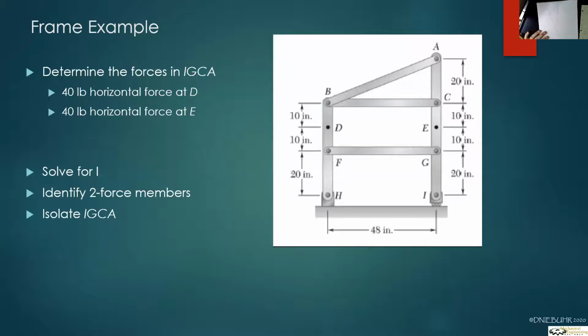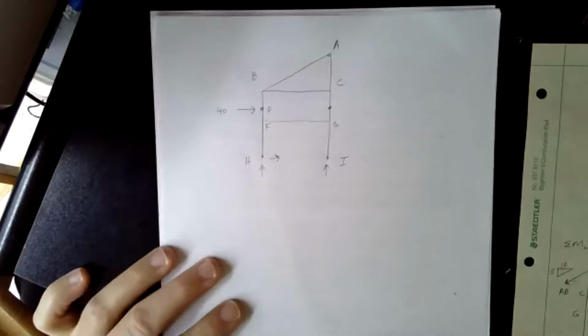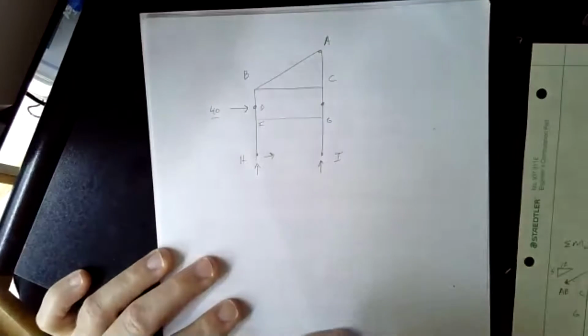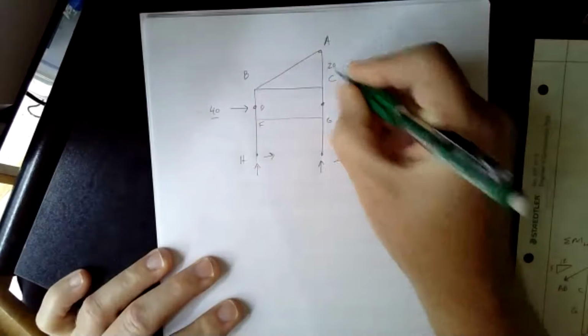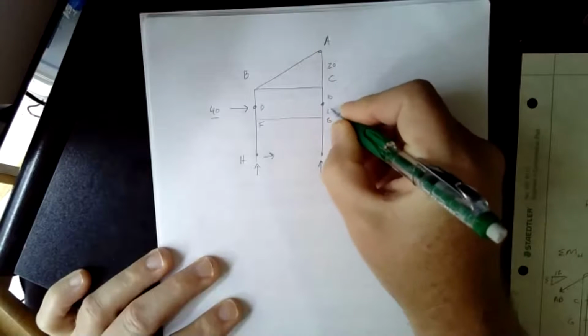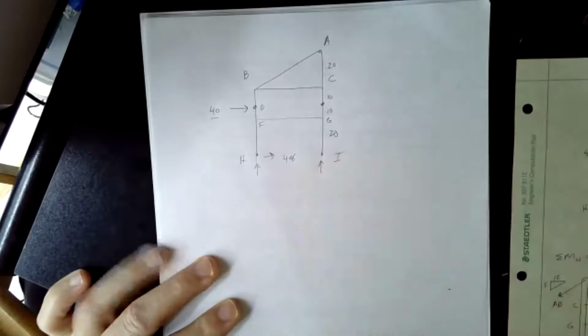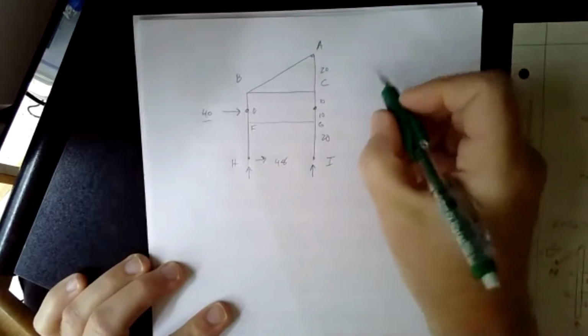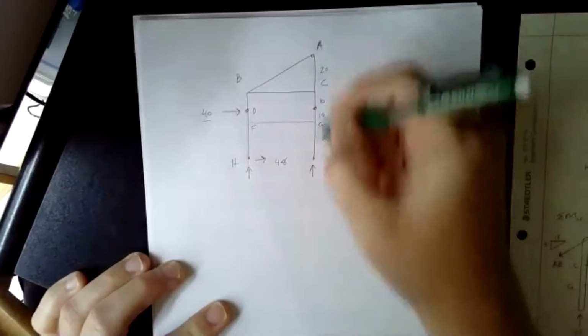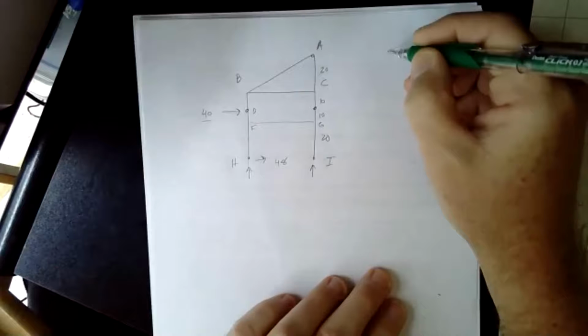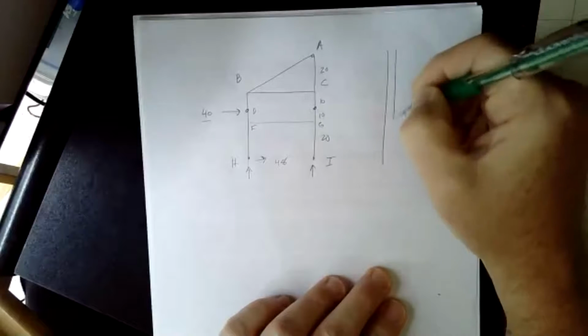So it's pretty quick. Anyone get a value? So we know that this is 40 and this is 20, 10, 10, 20, and 48. So we want to find basically this whole thing. So we're looking at this here.